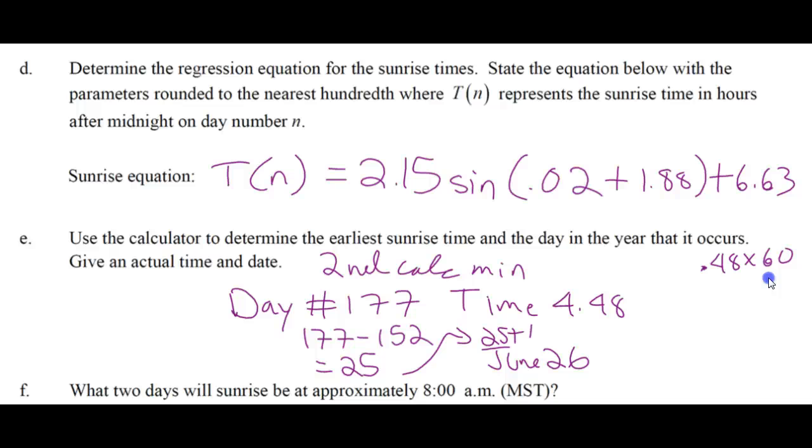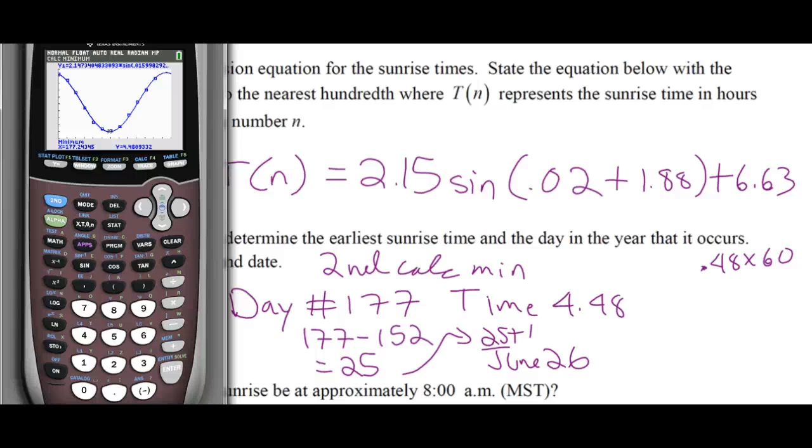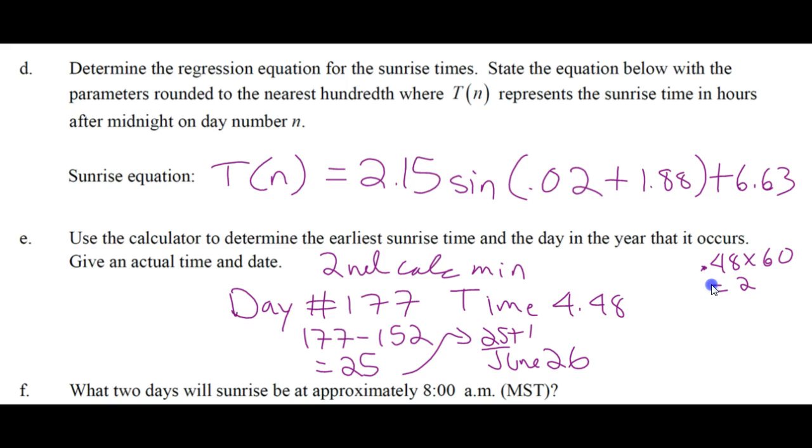So what's 0.48 times 60? 28.8, call it 29 minutes. So June 26th at 4:29 a.m.